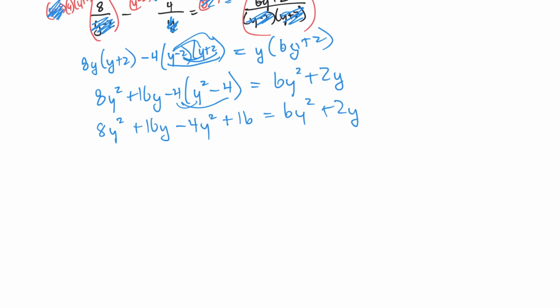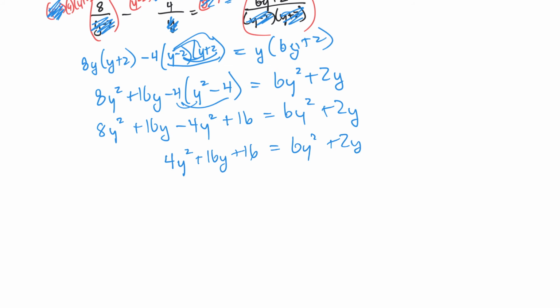Okay, feeling fairly good. It's a quadratic, and so I probably should get all the quadratic stuff together. I'll just collect stuff on each side. So 8y squared minus 4y squared will be 4y squared plus 16y plus 16 is equal to 6y squared plus 2y.